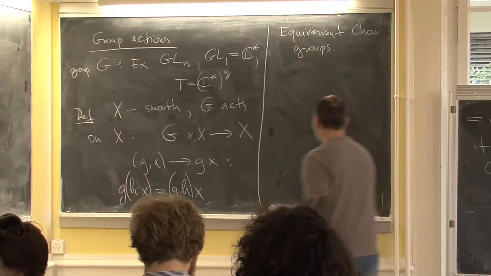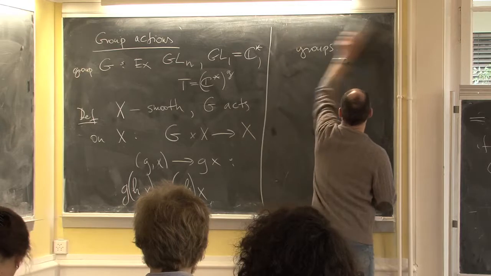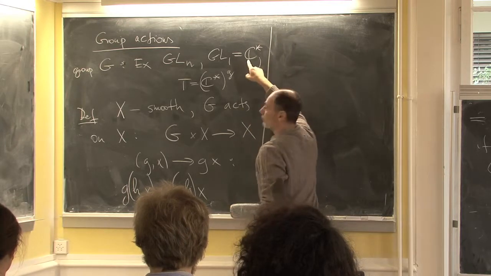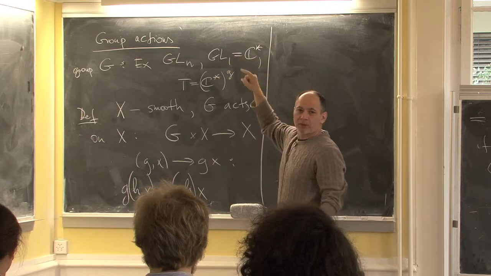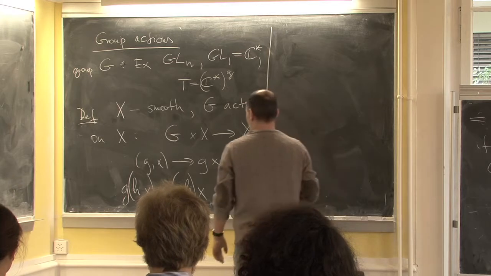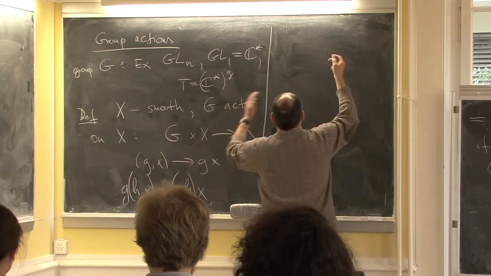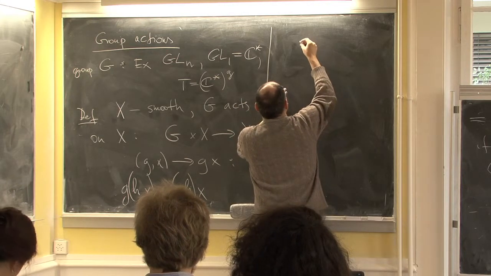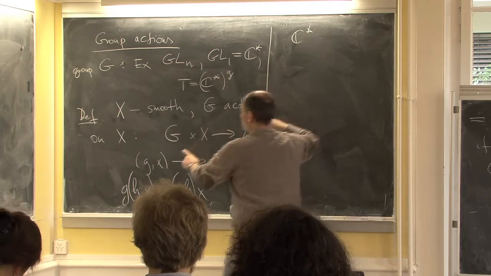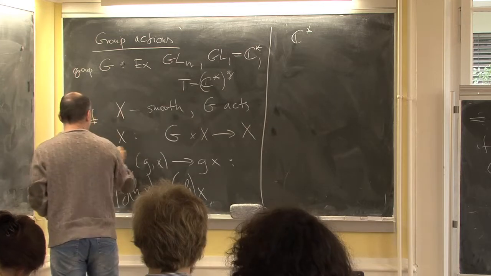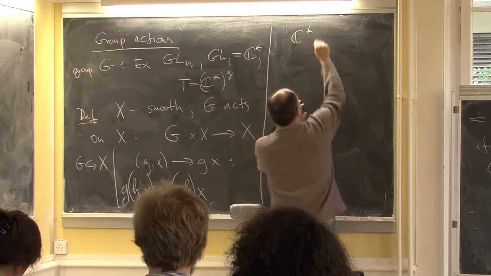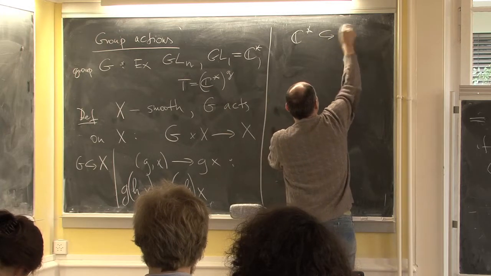Okay, actually, before I do equivariant Chow groups, let me talk a little bit about some examples. For our purposes, this group C star will be perfectly enough for most things that we're going to be doing. So the group part is not so difficult. The simplest thing is, for example, C star acts on, say, C^n.